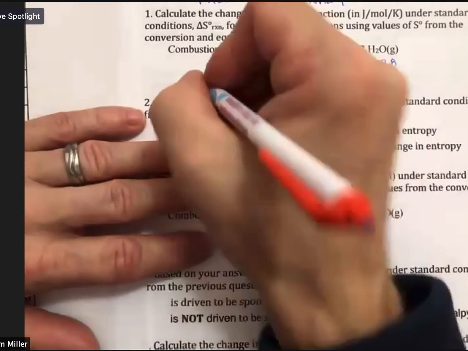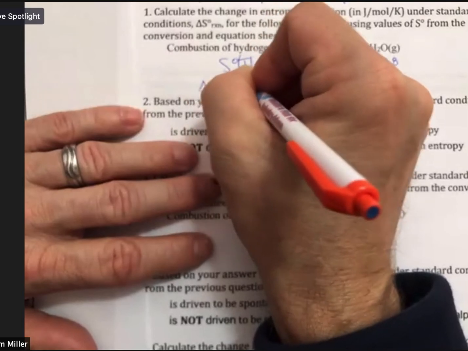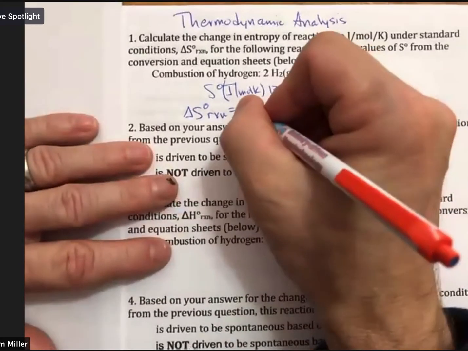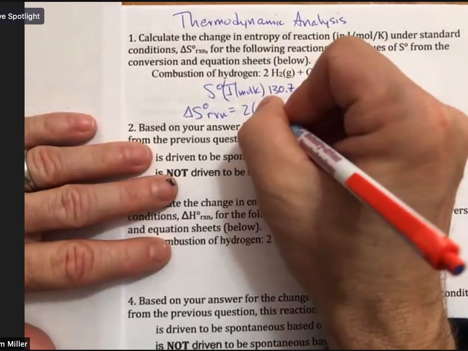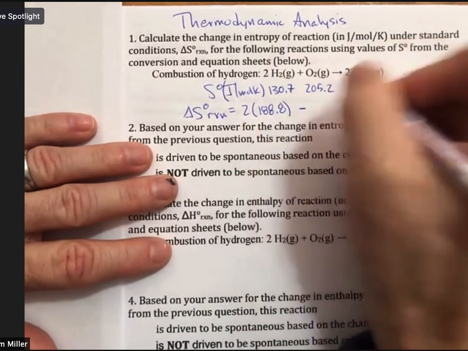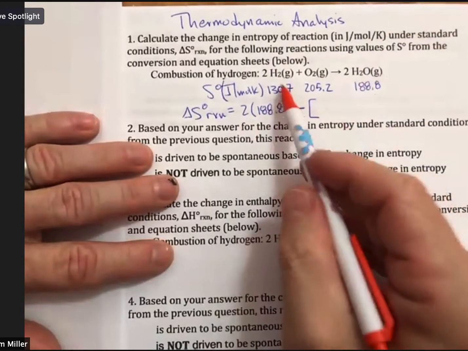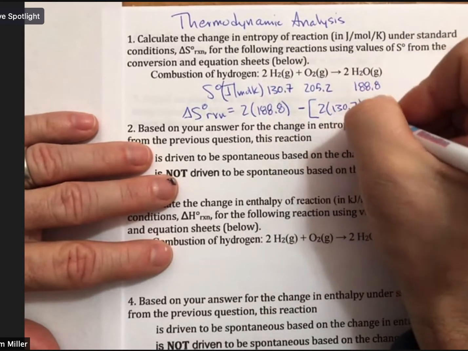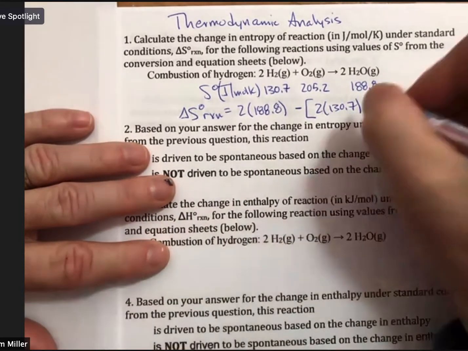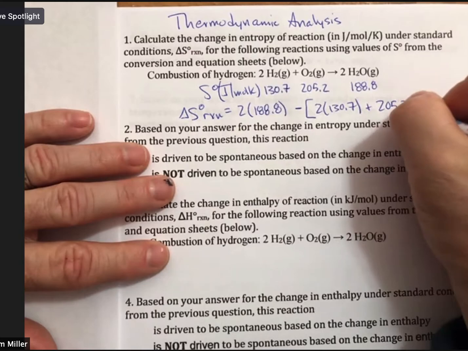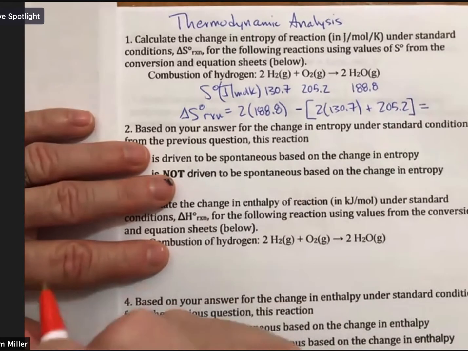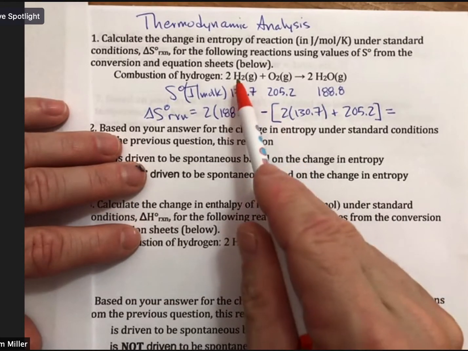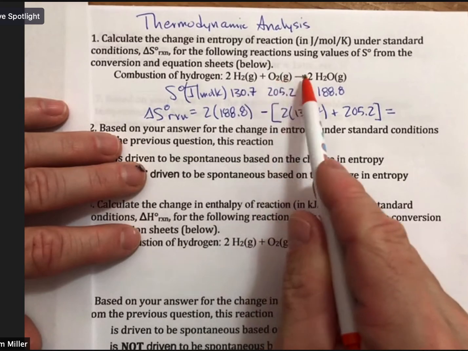And this time, to calculate delta S naught of reaction, it's actually going to be products times coefficients. So, well, let's just do 2 times 188.8 minus reactants times coefficient. So it's going to be 2 times 130.7 plus 205.2. And we will not be surprised when this is negative because we have 3 moles of gas going to 2 moles of gas.